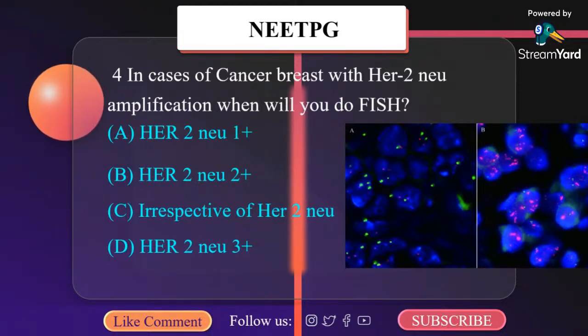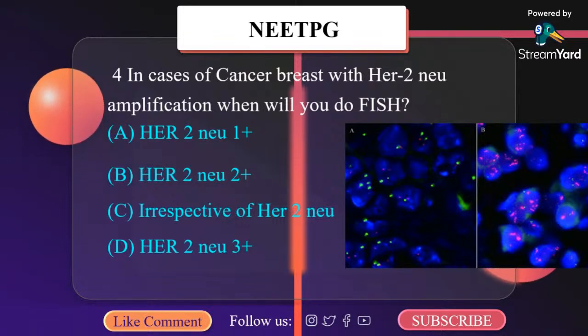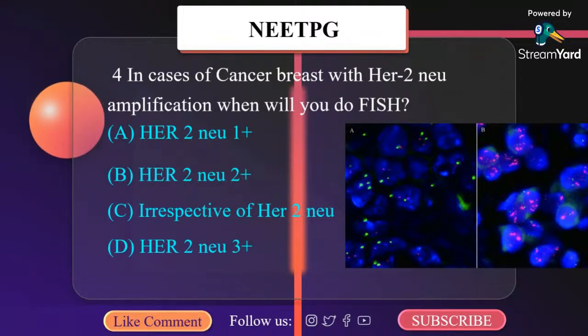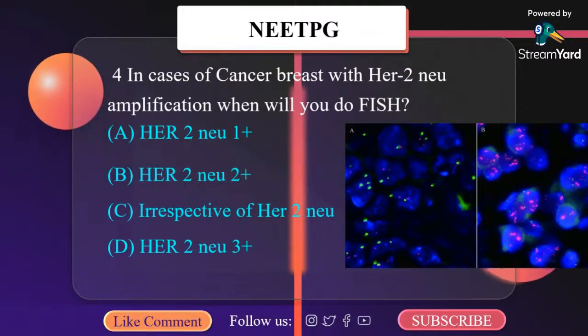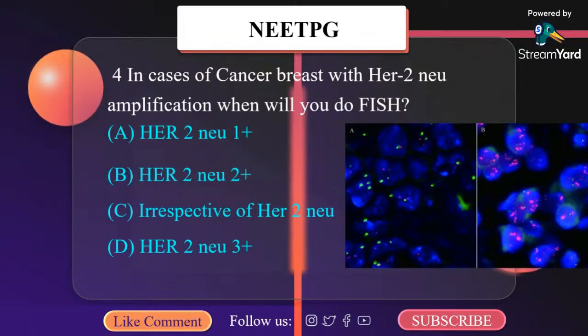Recently, FISH is used to detect HER2 amplification and advised for IHC HER2 positive cases of values +2 onwards. 20% incidence is detected and treated by trastuzumab, that is a HER2 receptor inhibitor. So the correct answer here is HER2 neu 2 plus, that is B.